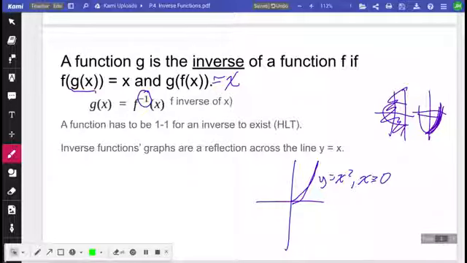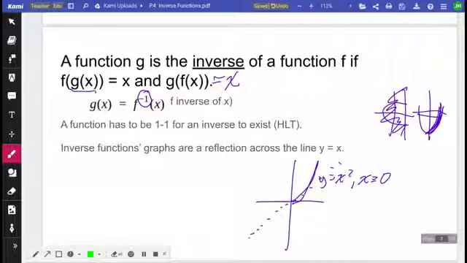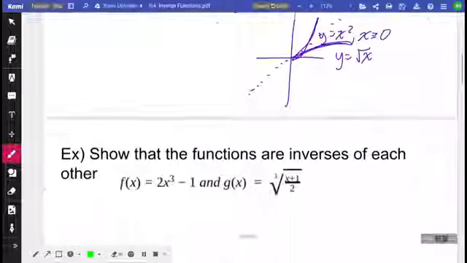If I reflect across the line y equals x, which has a y-intercept of 0 and a slope of 1 in y equals mx plus b form, it would mirror here, which is actually the graph of y equals root x. And x has to be greater than or equal to 0 for a square root function to work. That would be an example of reflecting across the line y equals x. You might see some of those.